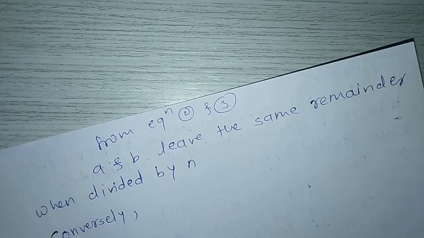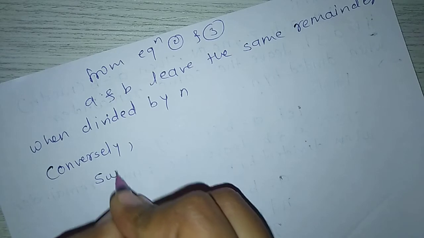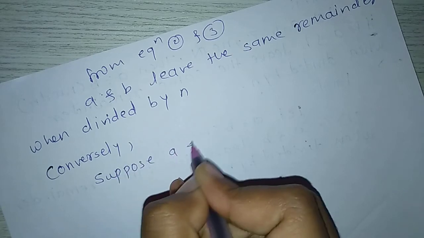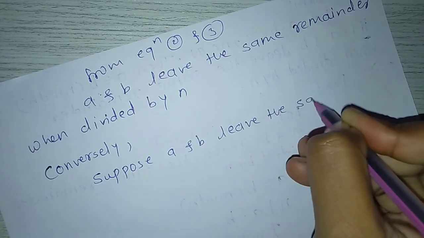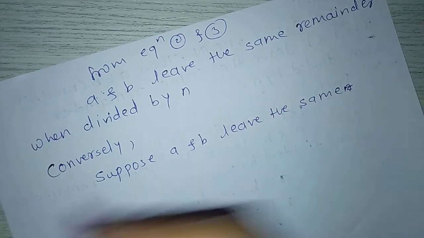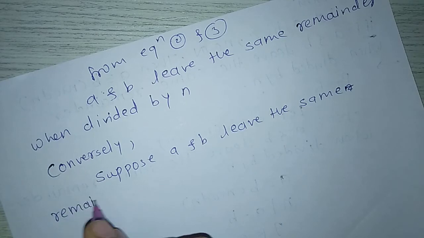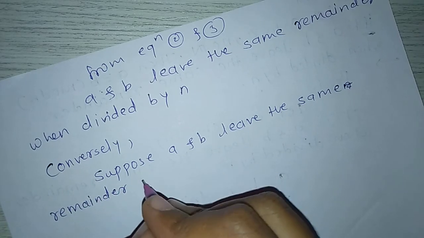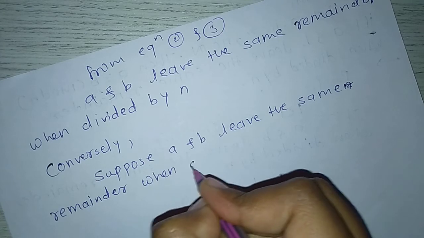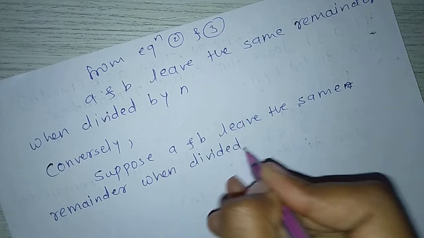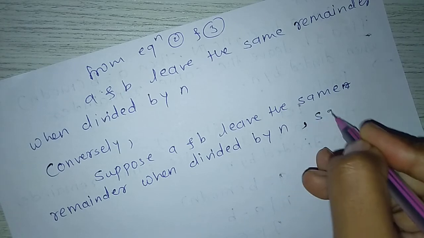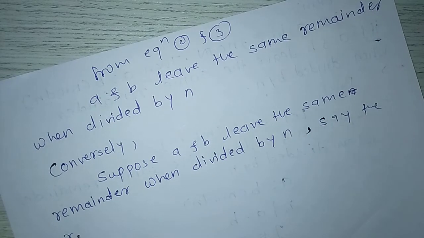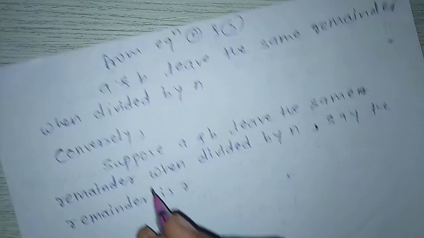Conversely, suppose a and b leave the same remainder when divided by n, say the remainder is r.